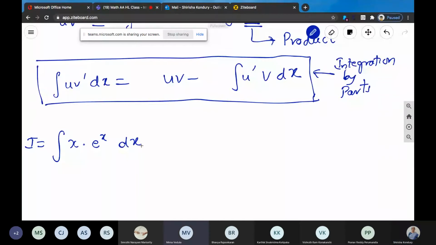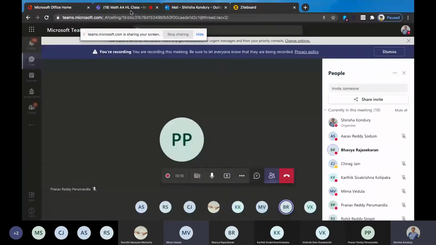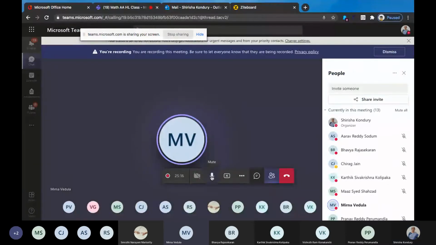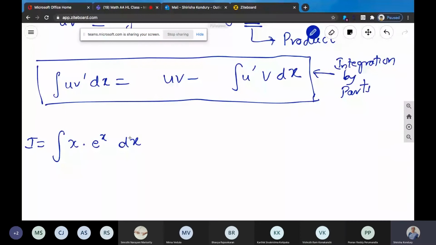E to the power of x and... Ma'am, the other one is just x. Very good. One is e raised to x and the other is x.